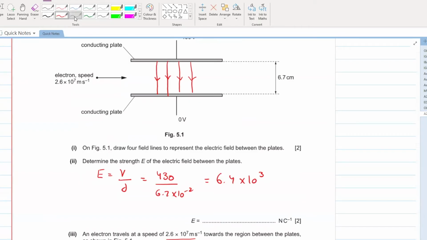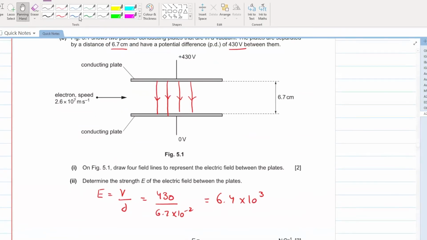Electron, let me do it with a different color. Electron will deflect towards the positive plate like this. And as soon as it reaches outside the plate, it will again travel in a straight line. It will no more deflect.